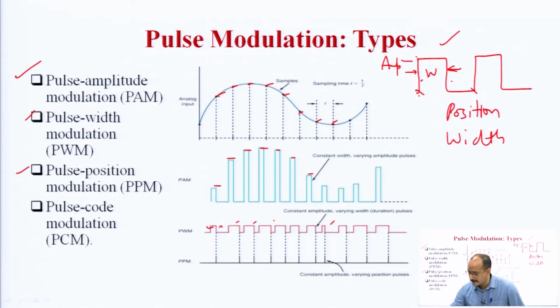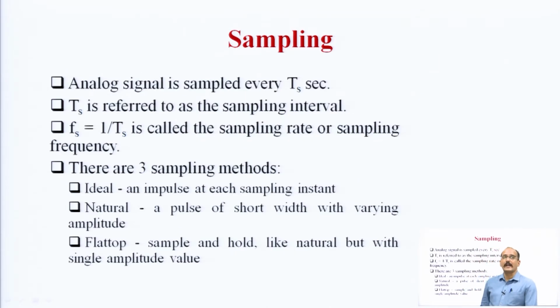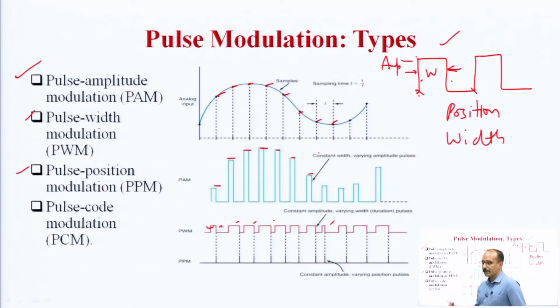Sampling is a very important part of the pulse amplitude modulated system, because in this complete diagram we are taking samples at individual time intervals, and those intervals are fixed by these pulses.